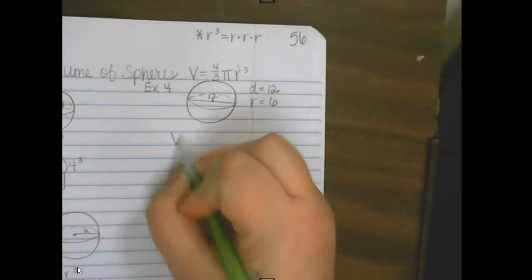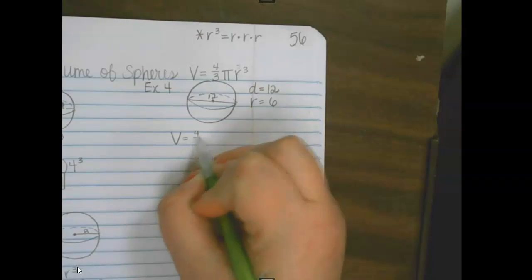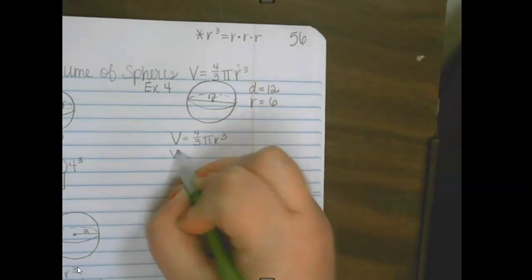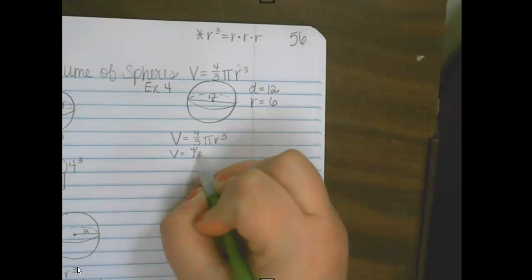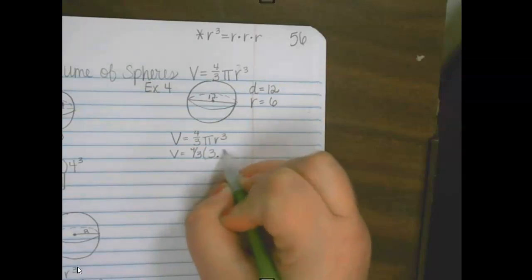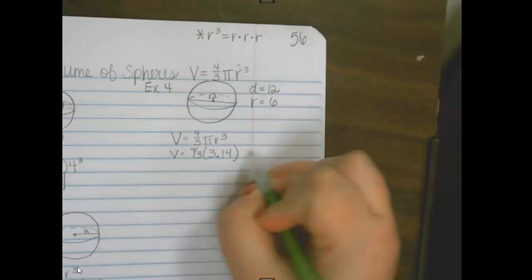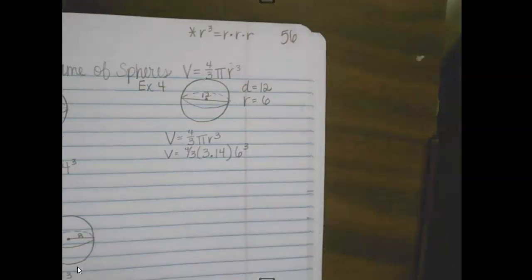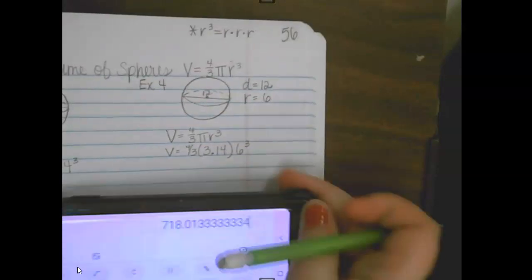So I'm going to do volume equals 4/3 pi r cubed. So volume equals 4/3 times pi times 6 cubed. So go back to my calculator. Sorry, turn it sideways.